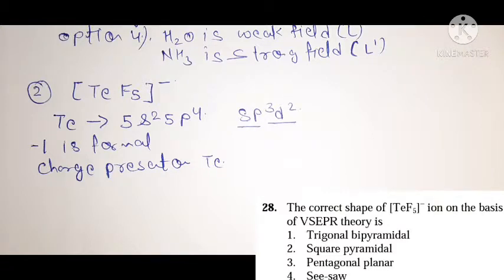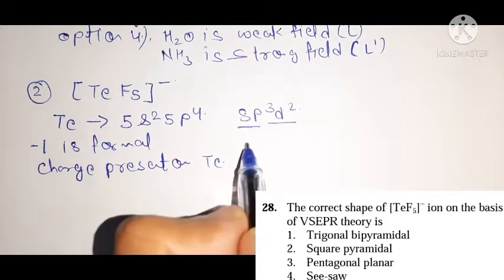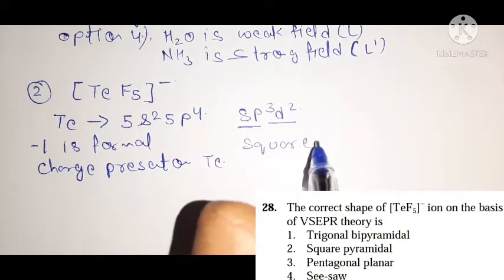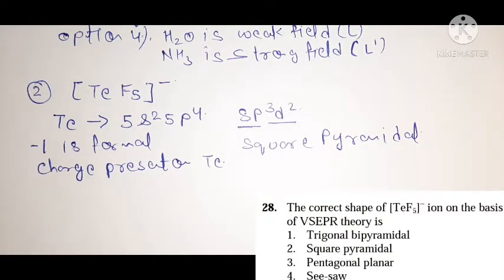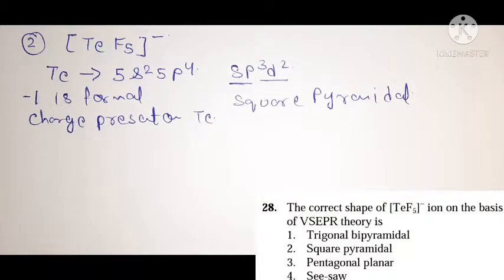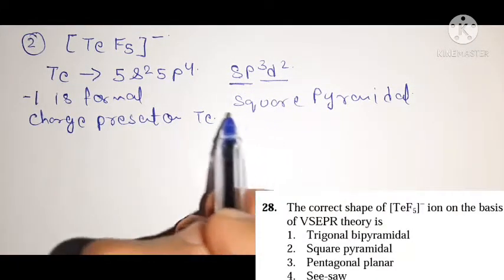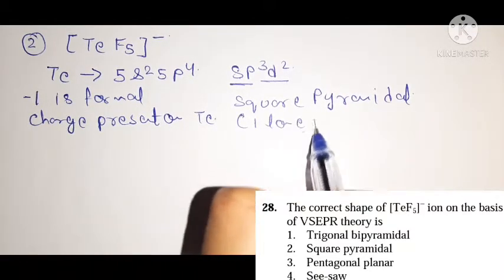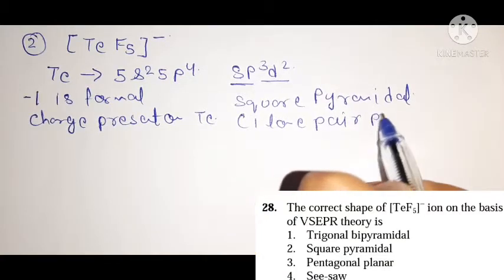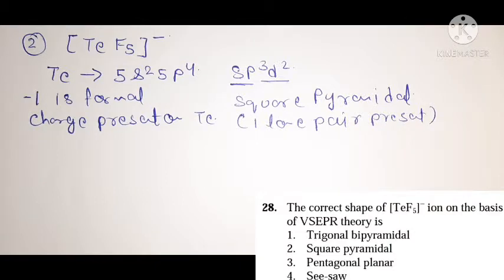Okay, so the hybridization is sp3d2 and its structure will be square pyramidal, with one lone pair present, and we can't count the lone pair in deciding the structure.